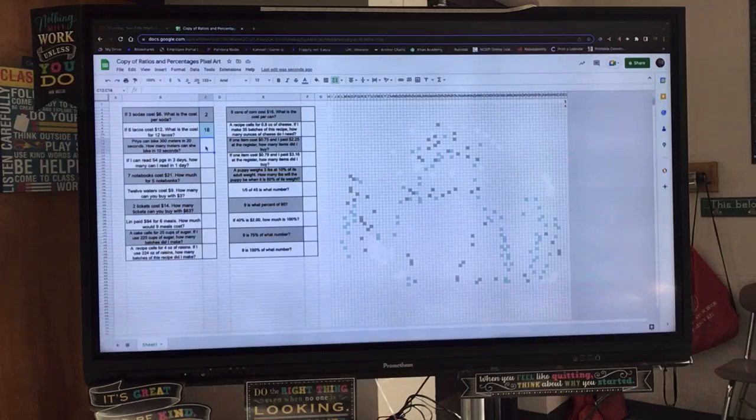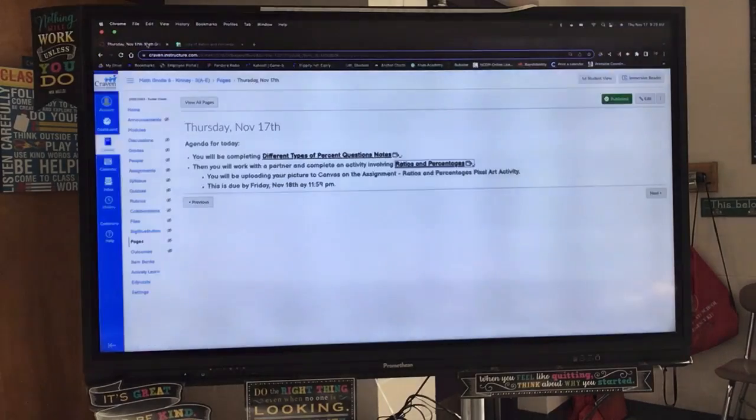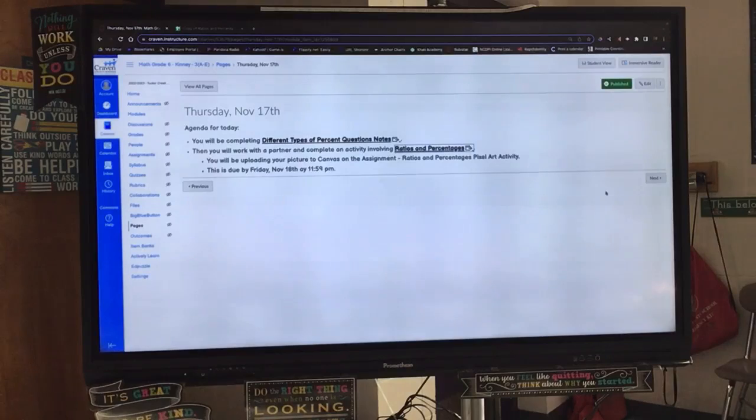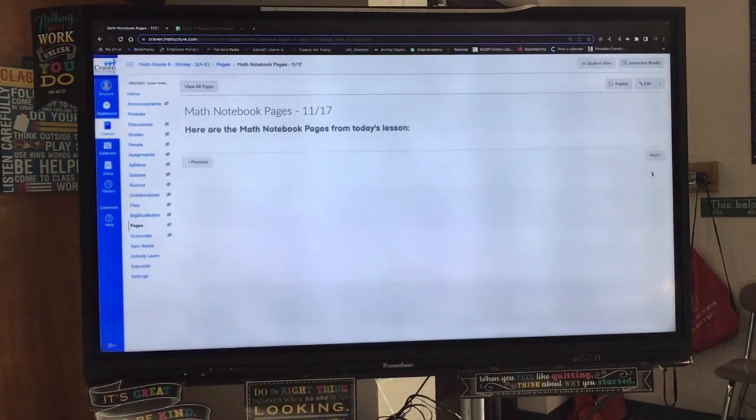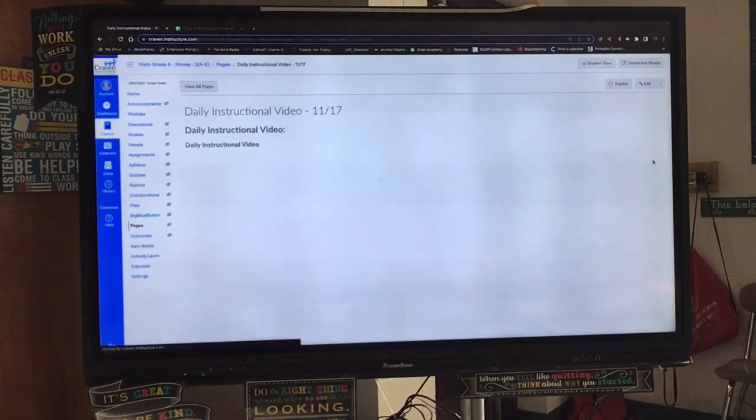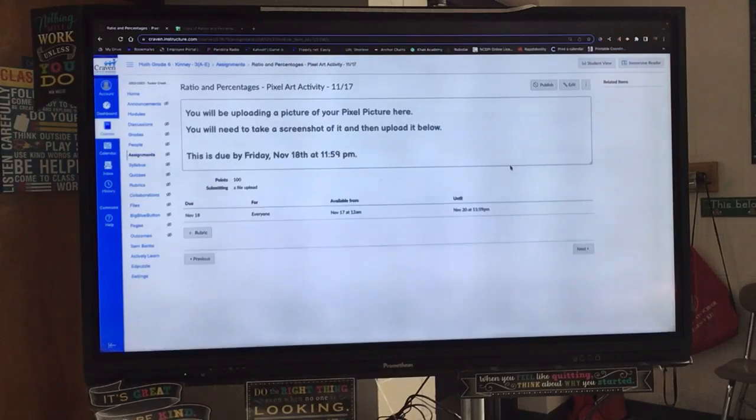When you're done with that, you're taking a screenshot and that is what you're uploading to Canvas. Your work is in your notebook. In Canvas, which I haven't published yet, which I will, this is where you're uploading your picture or your screenshot.